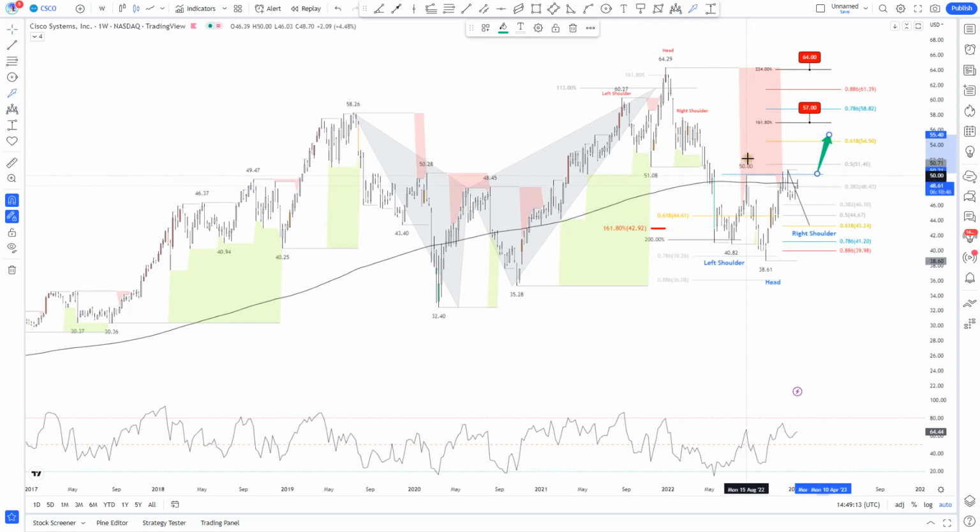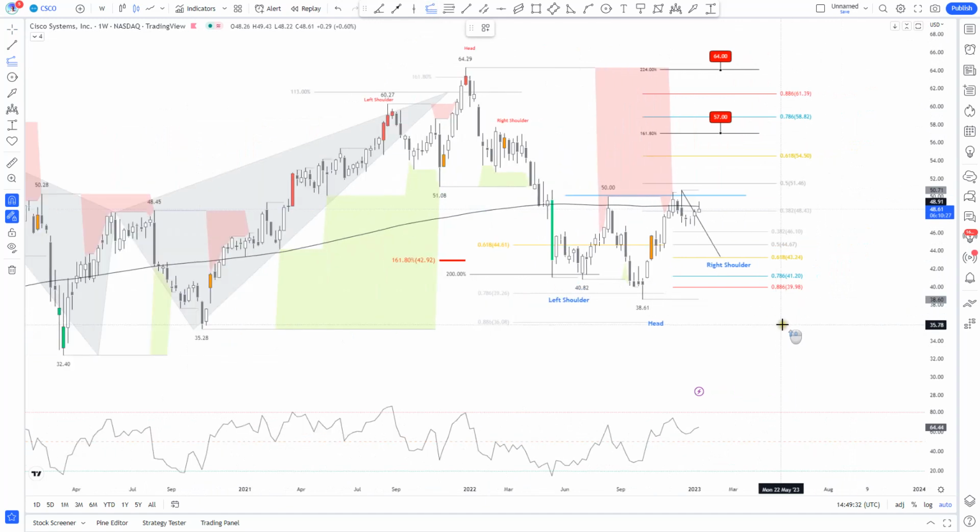So we will pay attention to the $50 price zone, or the previous structure fractal resistance, because a breakout above that fractal may increase the probabilities for a move to the upside. So in terms of projections for that pattern, I need to push my extension level and try to identify the lower close of the head, the previous close of the neck zone, and project the 200% Fibonacci extension.